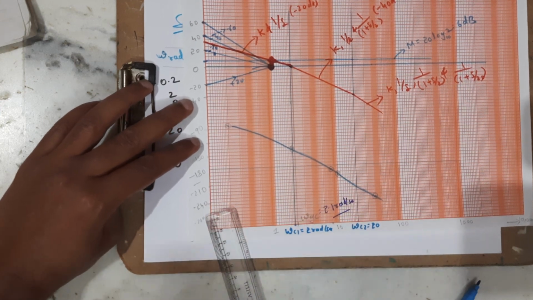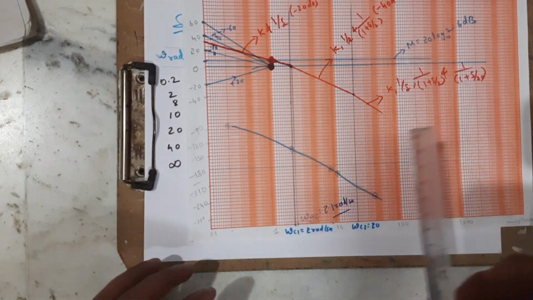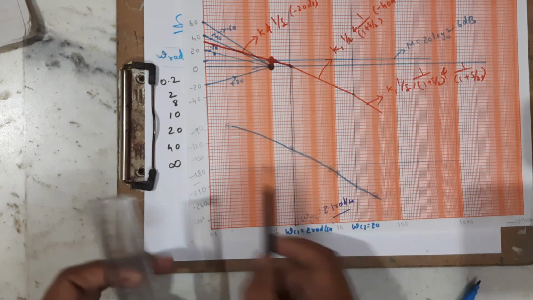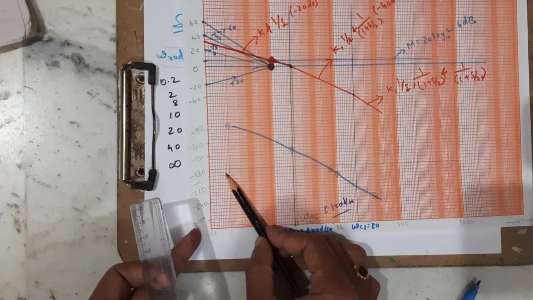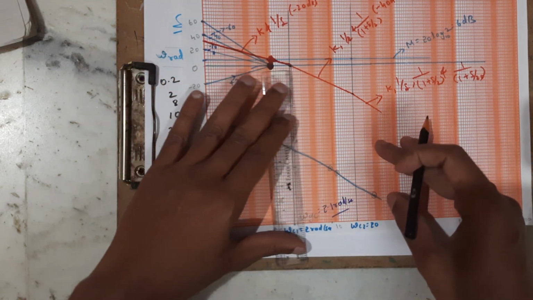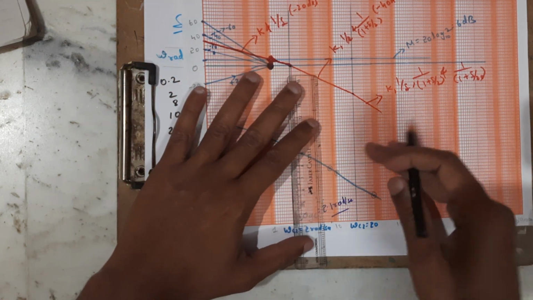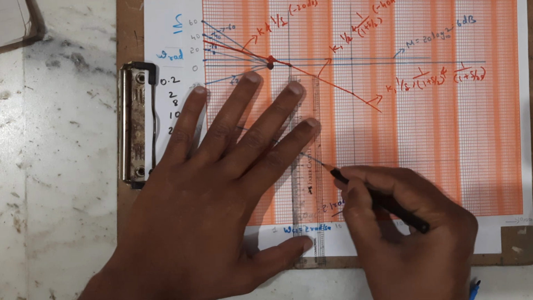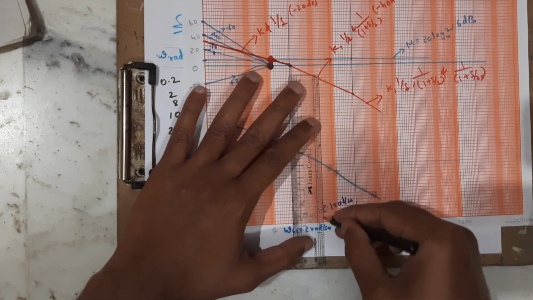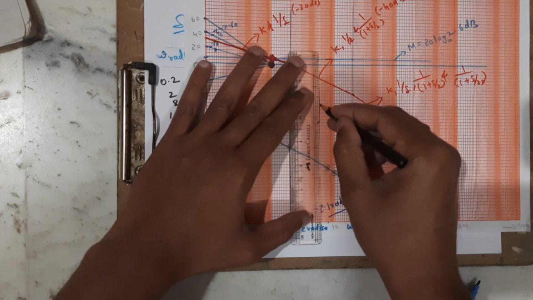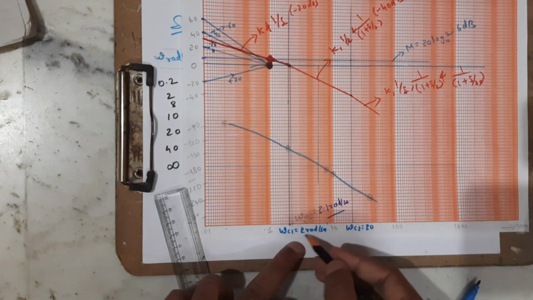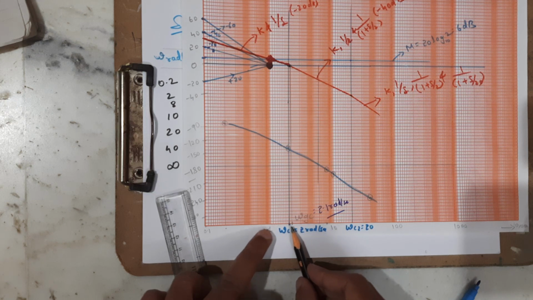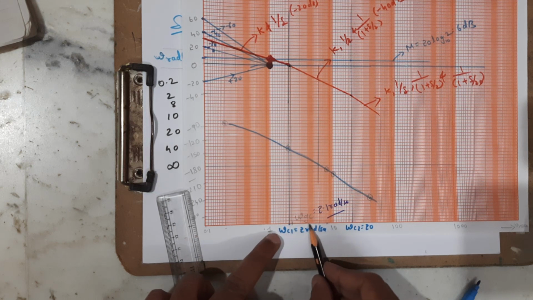Next, what is omega pc? Phase crossover frequency. That means where this phase angle plot crosses minus 180 degree. So that we are going to consider as phase crossover frequency. So this is where it is going to cross the minus 180 degree line. So this is the phase crossover frequency. So approximately this is 2, 3, 4, 5, 6.